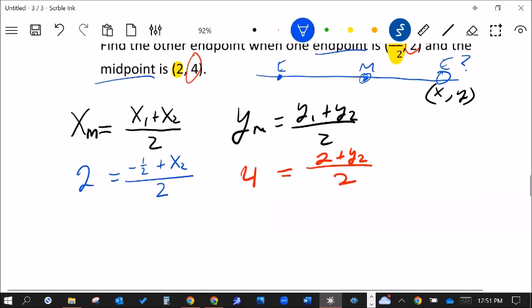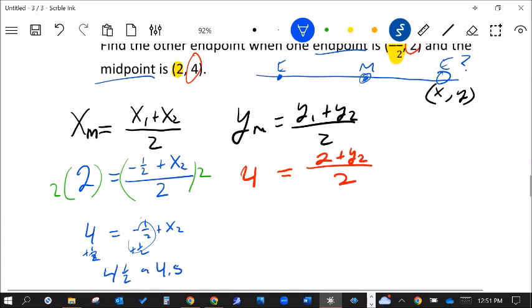So what we have here are two little equations. So here on this first one, I'm going to multiply both sides by 2, because that gives me 4 equals -1/2 plus x sub 2. I'll add 1/2 to both sides. That makes that 0. So I get 4.5 is equal to x sub 2. Over here, that means that this x is 4.5.